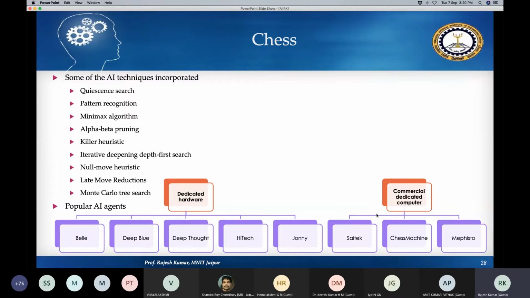They have gone for pattern recognition and the min-max algorithm, alpha beta pruning, and iterative methods, Monte Carlo tree search, and likewise. And these are the various developments so that they can beat the humans.